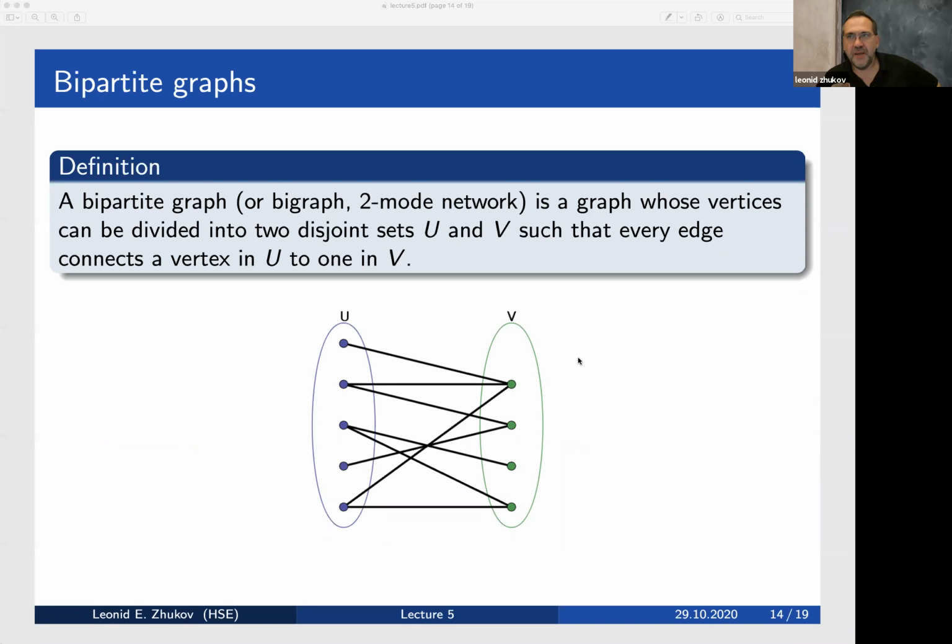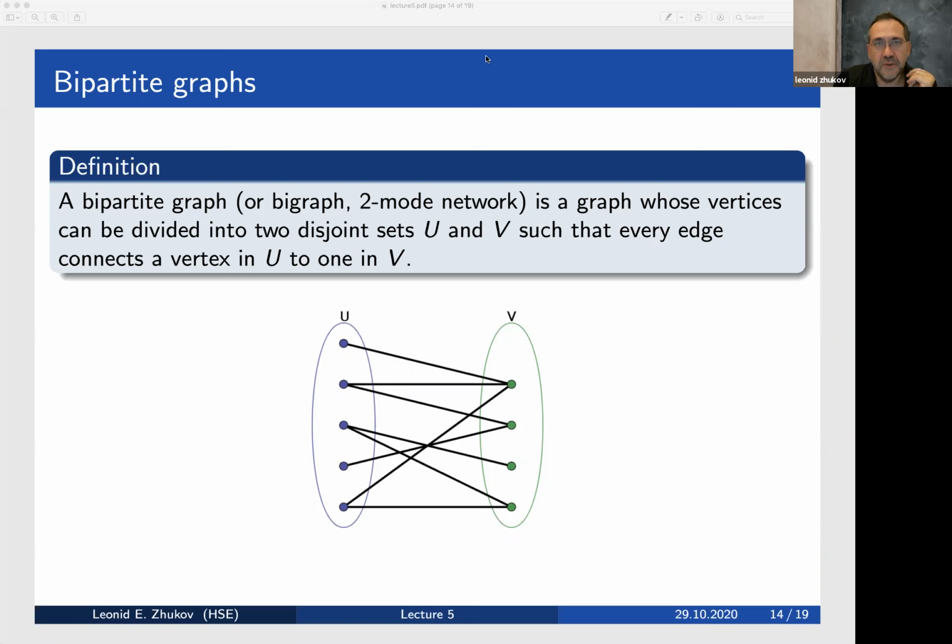Formally, a bipartite graph is a graph where you have 2 types of nodes, and where nodes of one type are only connected to nodes of a different type. It's usually what's called a 2-mode network, a bipartite graph. That means you can split nodes into 2 types, and those 2 sets are disjoint.